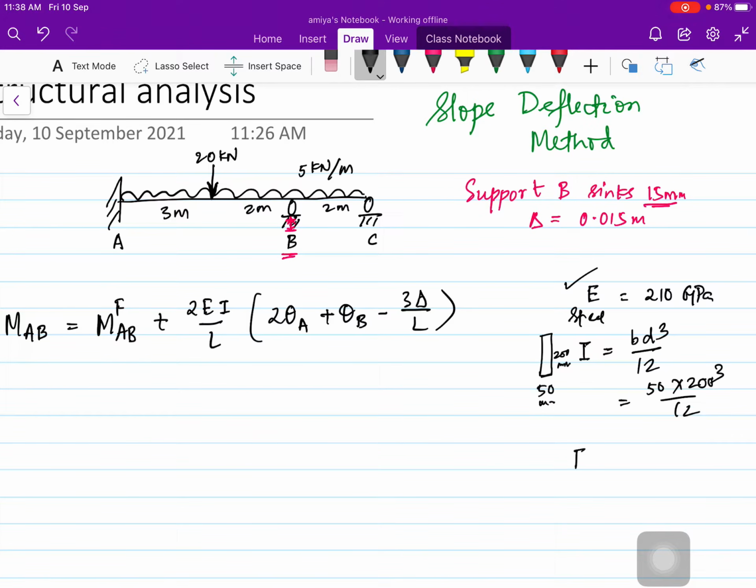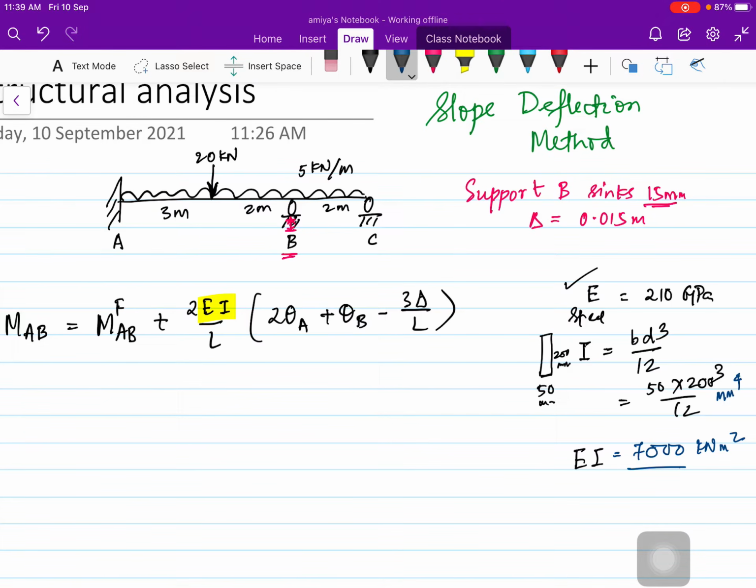For the EI value, I'm going to multiply 200 GPa with this. This unit is mm to the fourth. If you convert this to SI, kilonewton meter square, once you multiply with this, you will get 7000 kilonewton meter square. So I'll be using this value 7000.